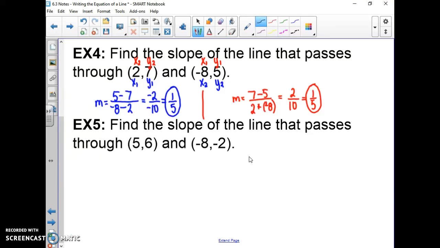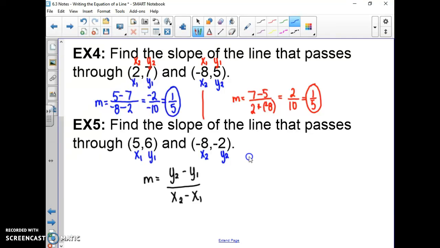So our slope equals y2 minus y1 over x2 minus x1. It does not matter which point you choose. I'm going to let this be x1, y1. I'm going to let this be x2, y2.